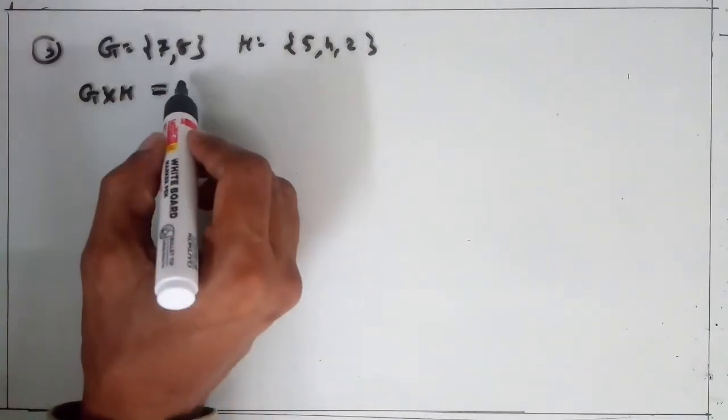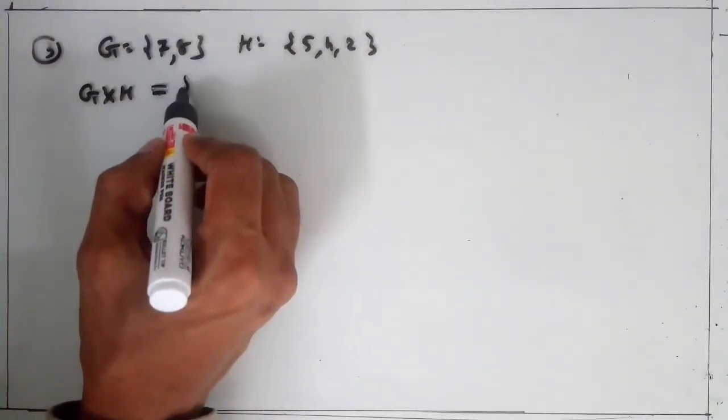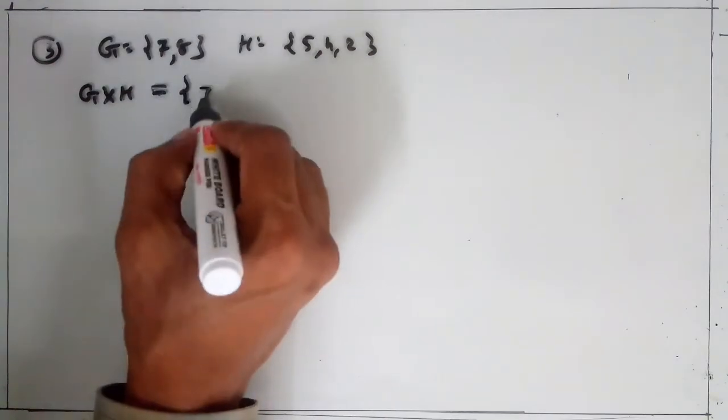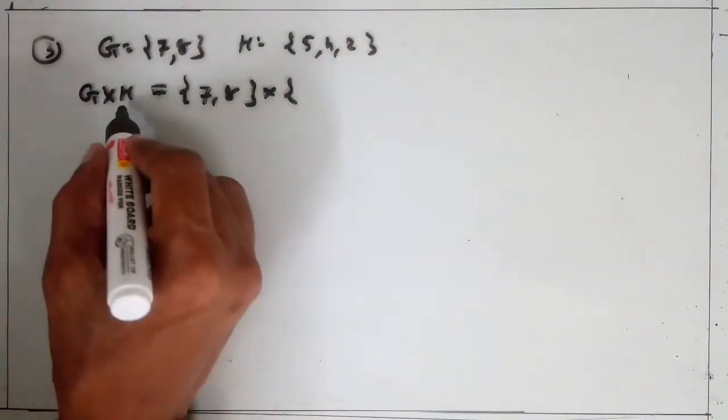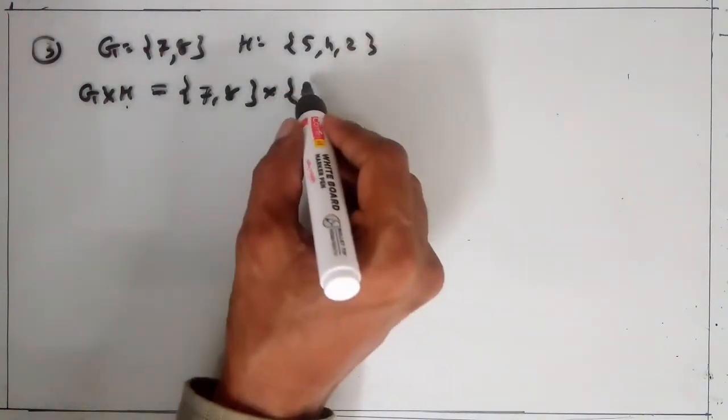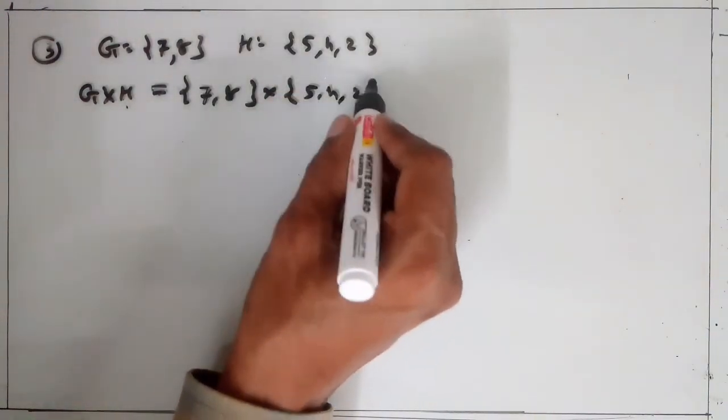Students, think how to get G cross H. G cross H is the set of all ordered pairs whose first element is an element of the first set {7, 8} and whose second element is an element of the second set H {5, 4, 2}. Clear?